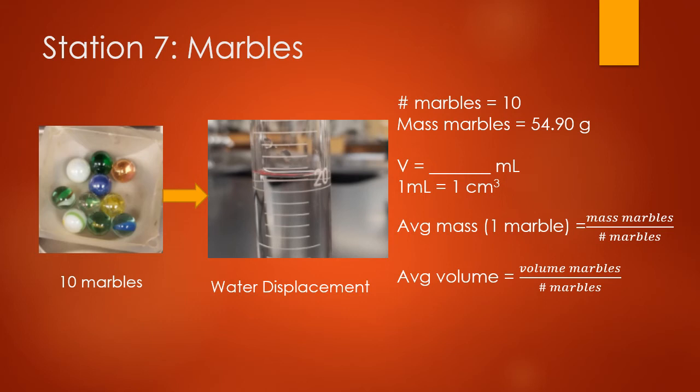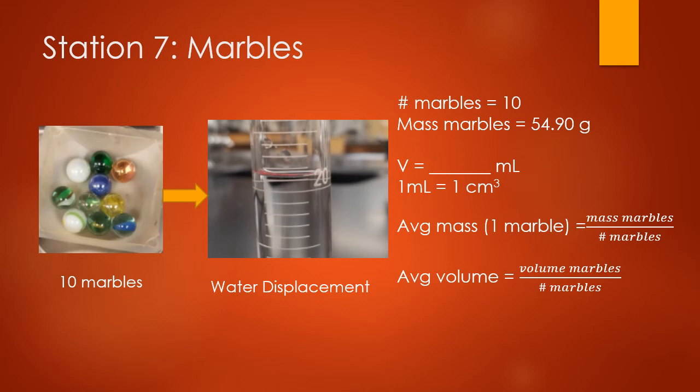Here we have a similar situation as with the irregular object. We're trying to measure several marbles, so instead of measuring each marble individually and calculating their volume using the equation for spheres we used before, we're just going to do the water displacement method. Since the marbles are more dense than water, this method works.